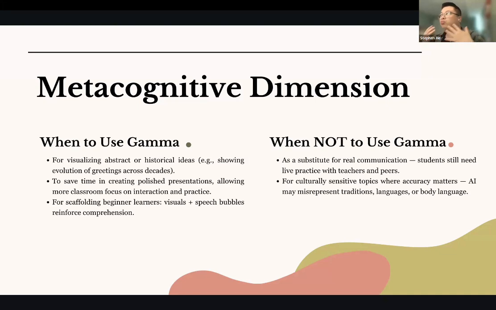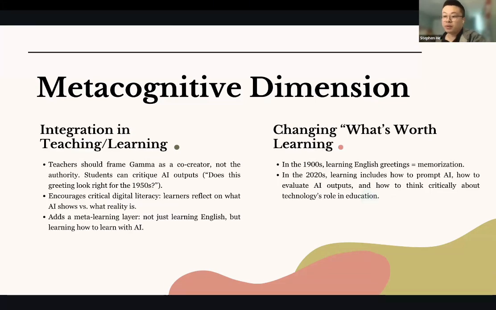I think that's a really important learning process, right? Students need to role play greetings, make mistakes, and really laugh about it with peers. If we rely too much on AI visuals, the classroom may become more passive.